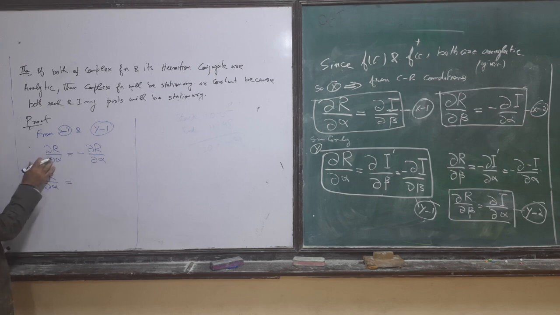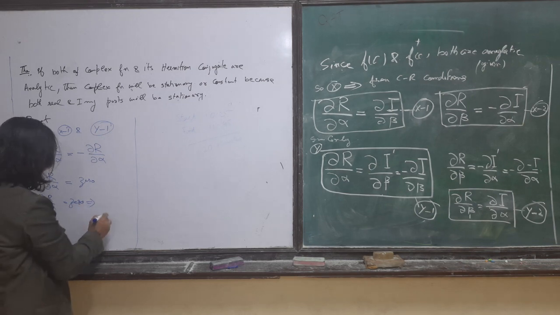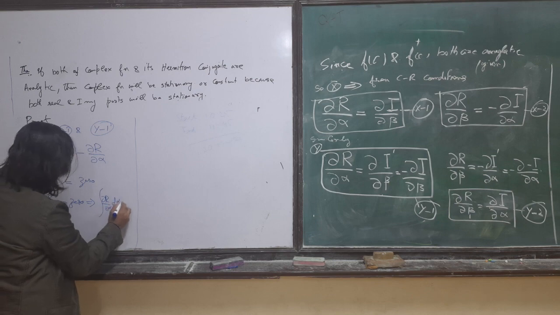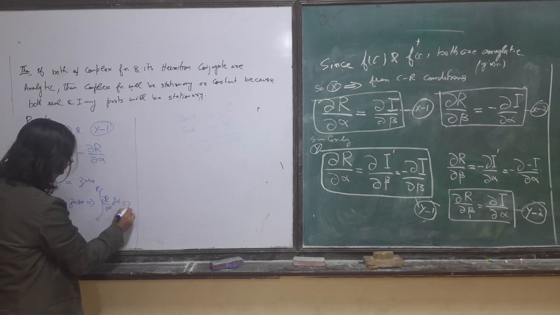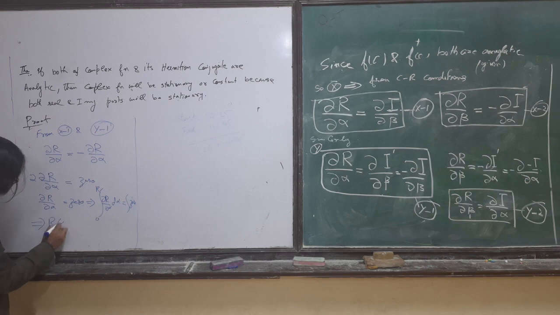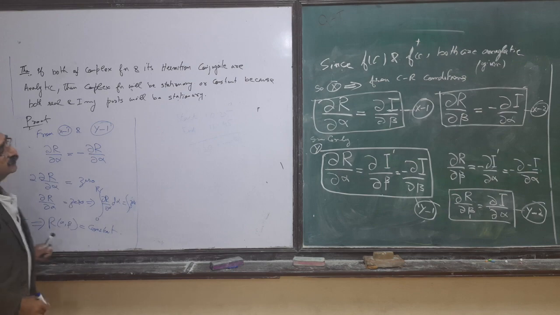When it shifted to the left, that will be add, and this will be a 0. Partial r over partial alpha will be 0. This implies that this is a constant.